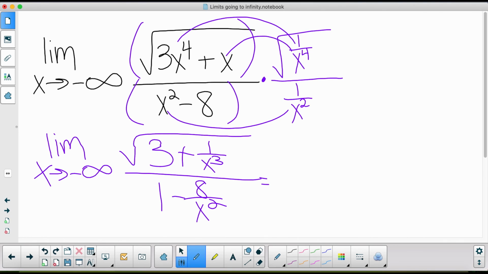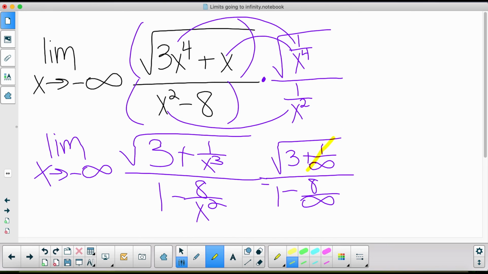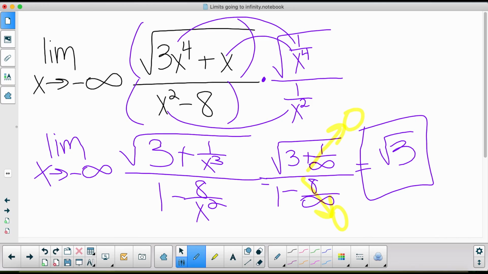At this point, we can go ahead and plug in the square root of 3 plus 1 over infinity, all over 1 minus 8 over infinity. So we know that this part goes to 0, and we know that this part goes to 0. Therefore, we are left with the square root of 3 over 1, so the square root of 3.